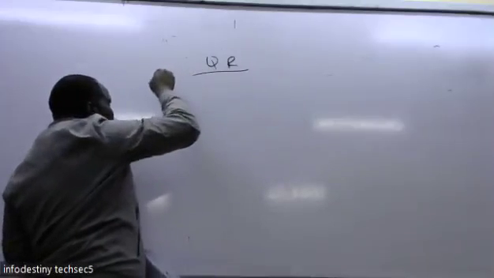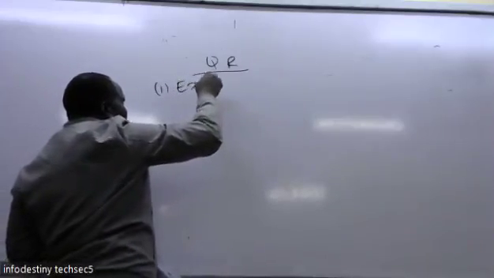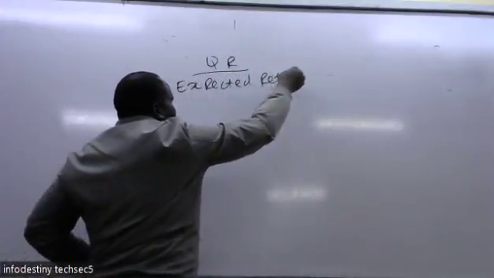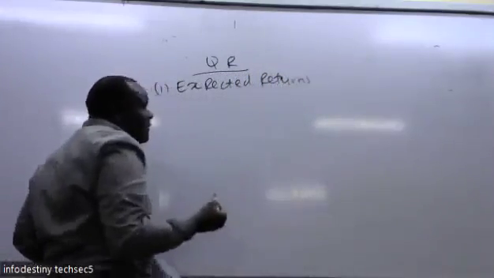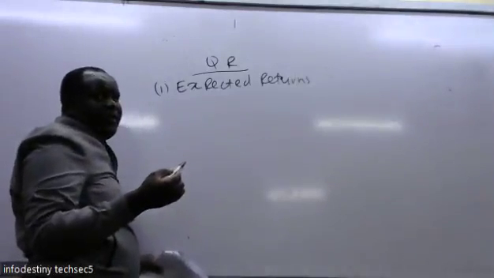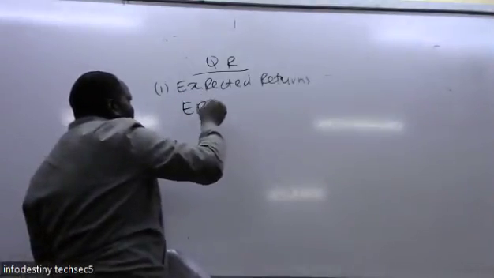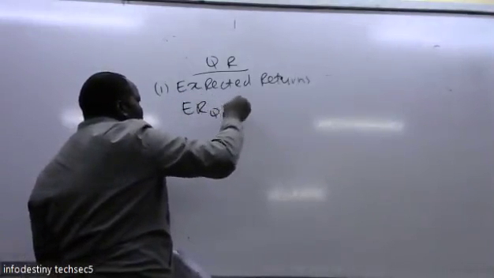So we start with the expected returns. We get the expected return of QR.